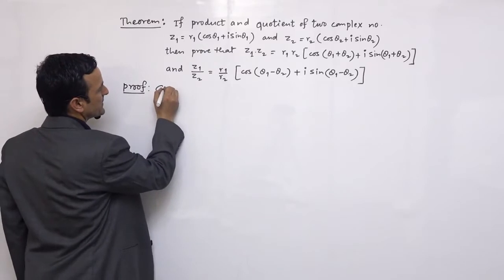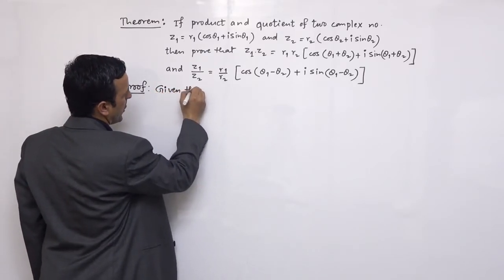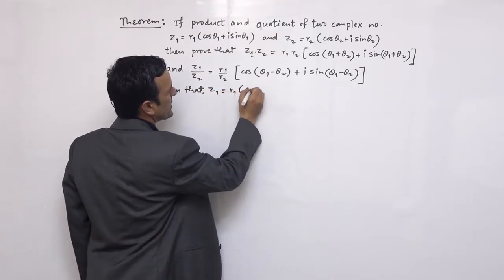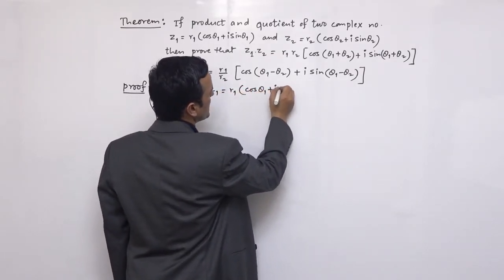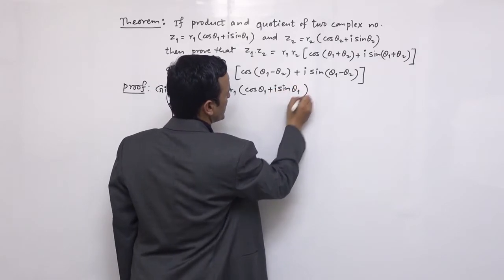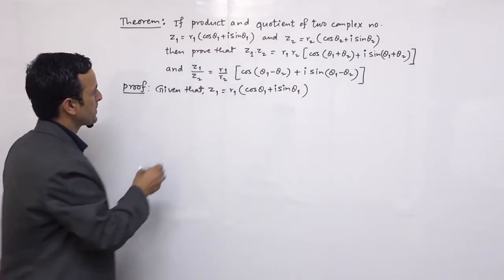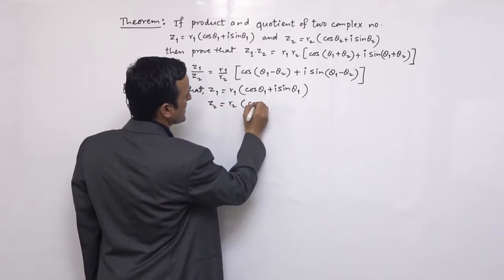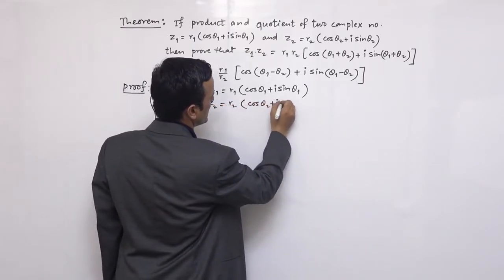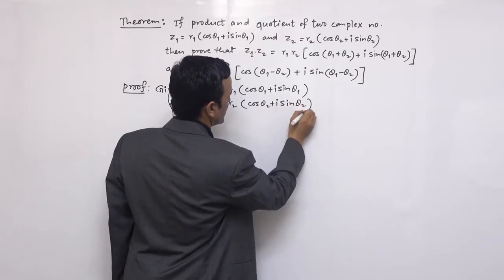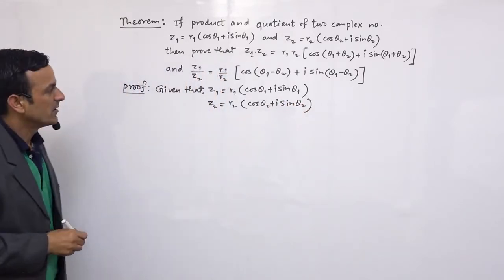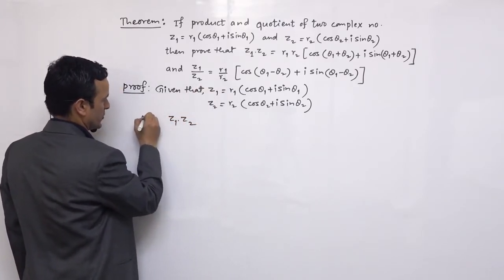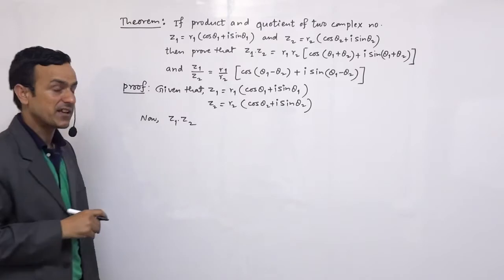Now given that Z1 is equal to R1 times cos theta 1 plus i sin theta 1, and Z2 is equal to R2 times cos theta 2 plus i sin theta 2. Now we can multiply together. So Z1 into Z2. Now multiply them.